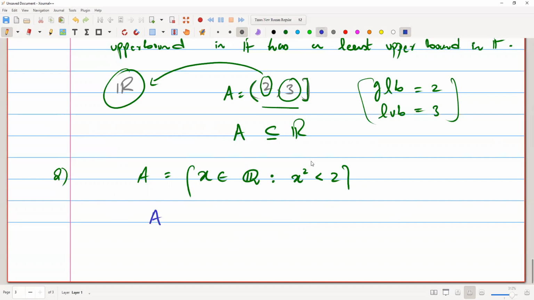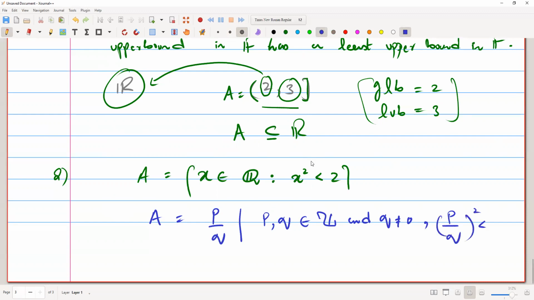If I want to write it in this manner, I can write P over Q, which represents a rational number where P and Q belong to the integers, and Q is not equal to 0, and P over Q whole squared is less than 2.